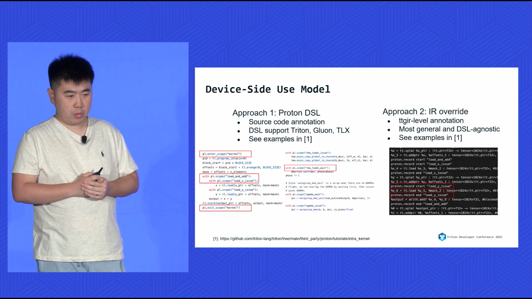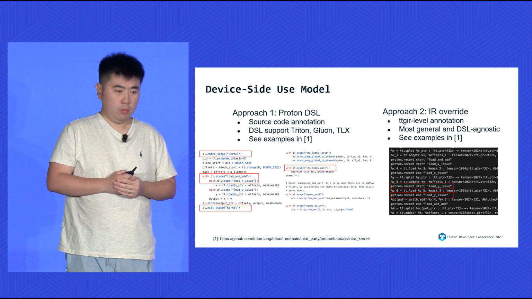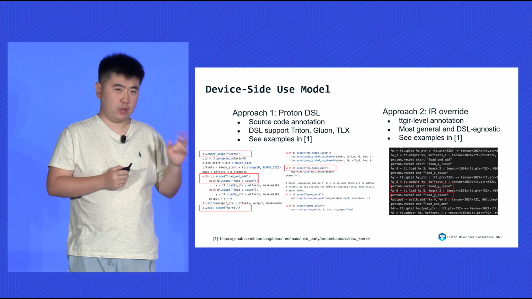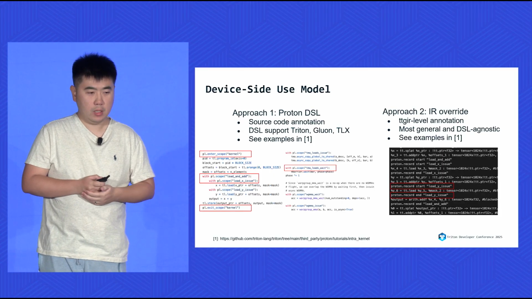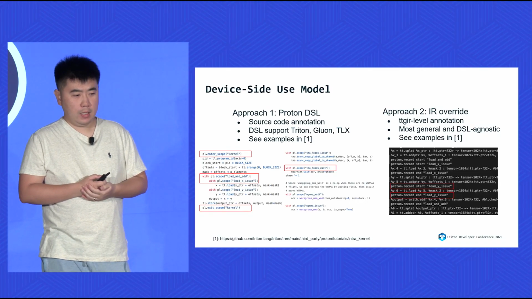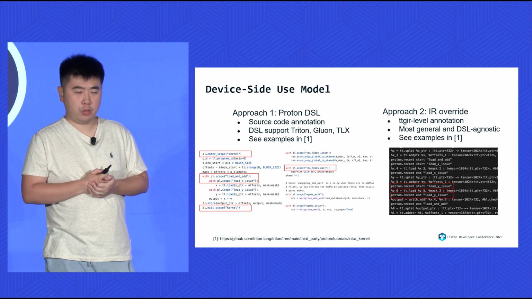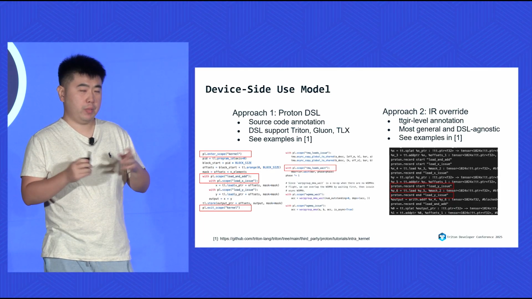On the device side, for now, we have two approaches. The first approach is using the Proton DSL, which you can annotate to your kernel using the Proton operators. We support Triton, Gluon, and TLX. For Triton, it's a little bit tricky because Triton performs heavy loop-level optimizations.